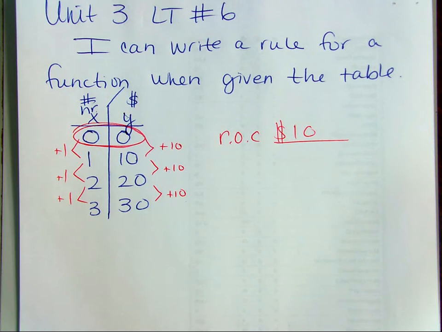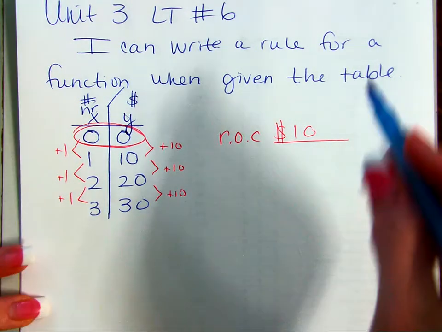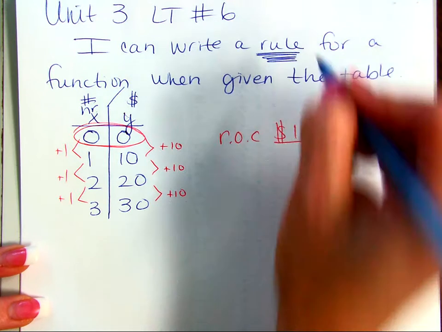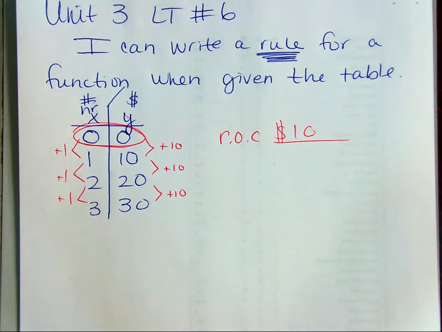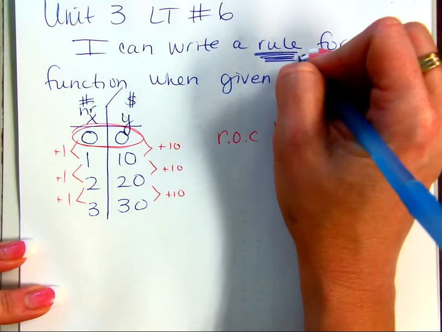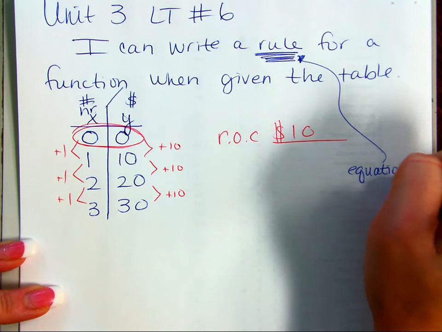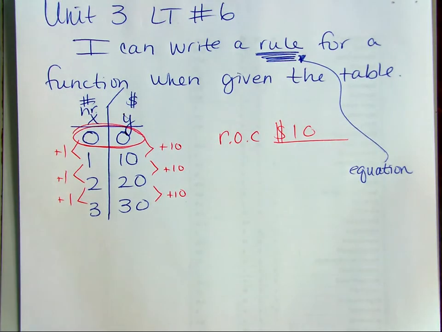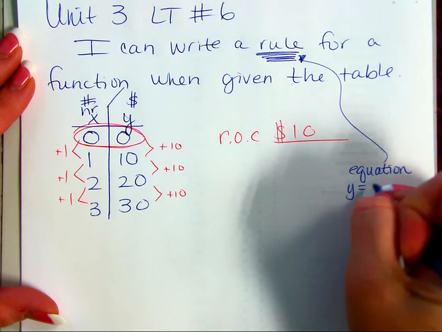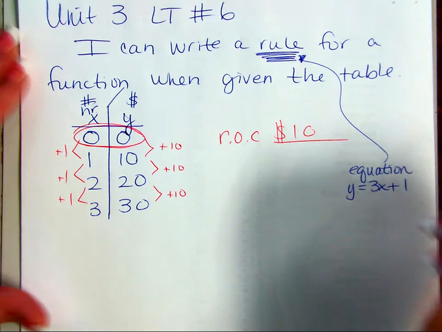Now, what we're doing today is we're taking it one step further, and I'm asking you to write a rule. I want you to underline the word rule, and you're kind of like, what do you mean rule? So rule is just another way of saying equation, except the equation is y equals 3x plus 1 or whatever the equation is.